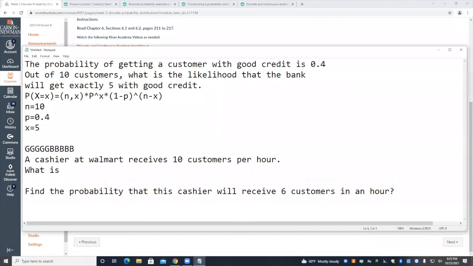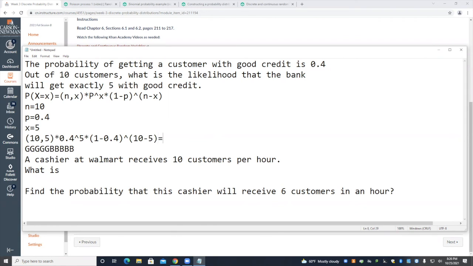So let's compute this. So this is going to be 10 choose 5, times 0.4 to the power 5, times 1 minus 0.4 to the power 10 minus 5.